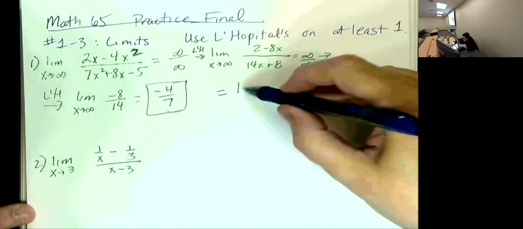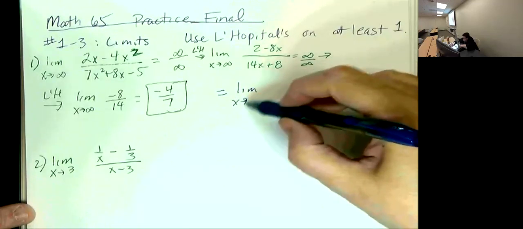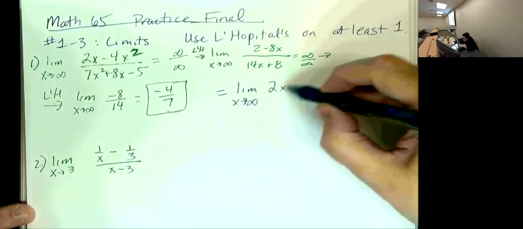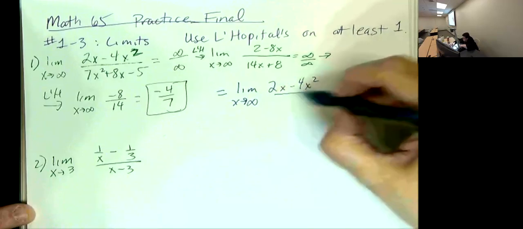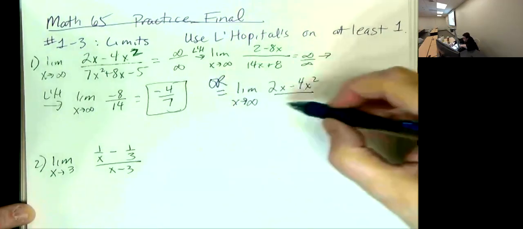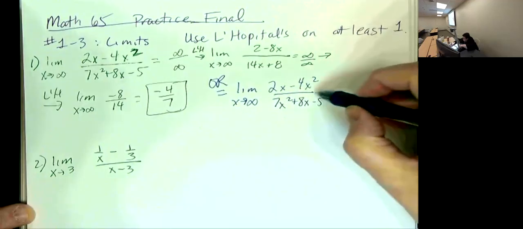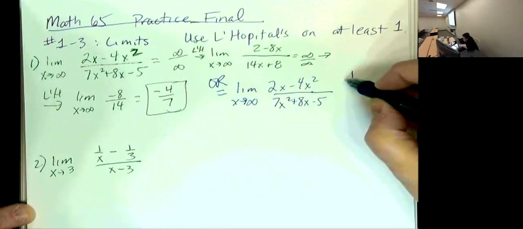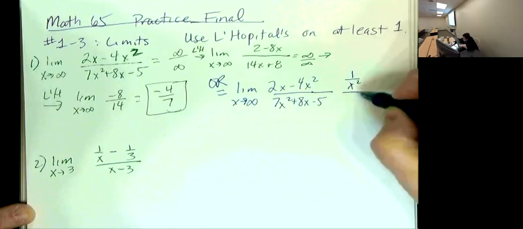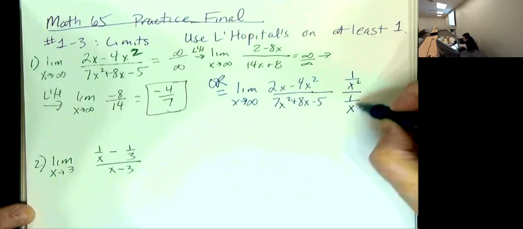Alternatively, another way to go about doing this one: multiply each by the 1 over x to the power of the biggest term on bottom.